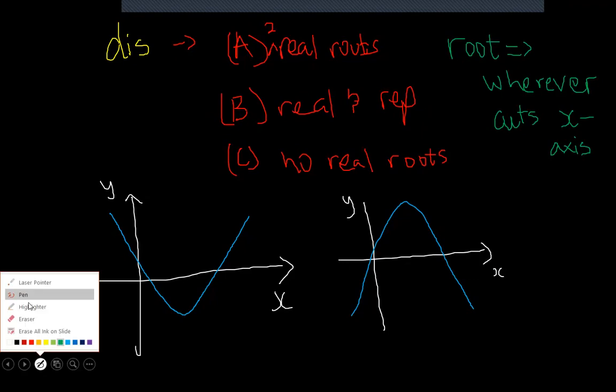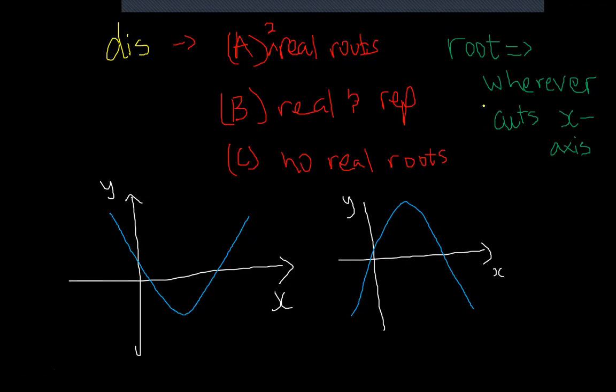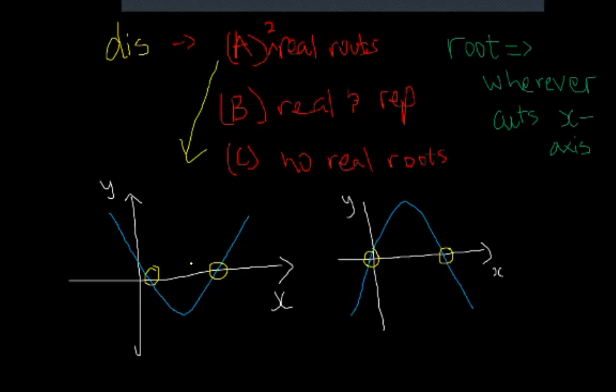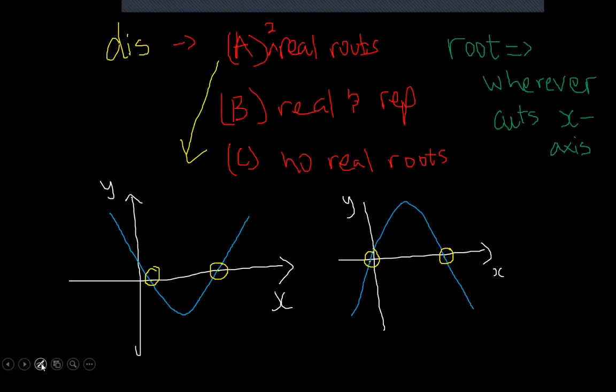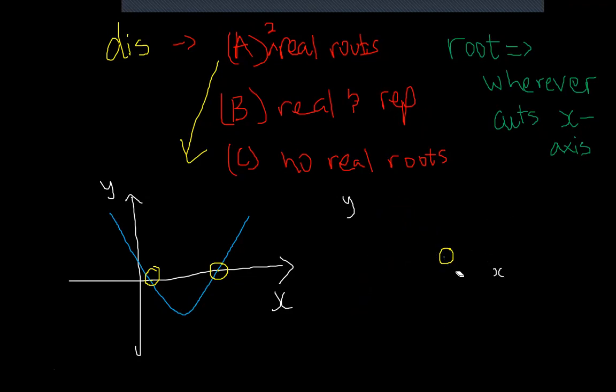A root is wherever this blue curve cuts the x-axis. So my roots would be here and here, or here and here. That's an example of what two real roots might look like. But quadratic graphs don't always look like that.